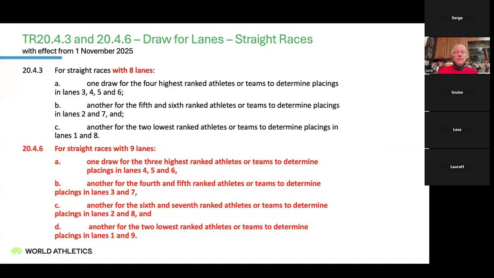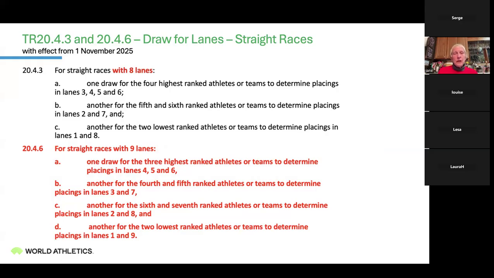But in the rule book now, it's actually stated for 8 lanes and 9 lanes how the draws work. So for straight races or flat races, we're talking hundreds, 110 hurdles, 100 hurdles, if you have 8 lanes, it's still the same.